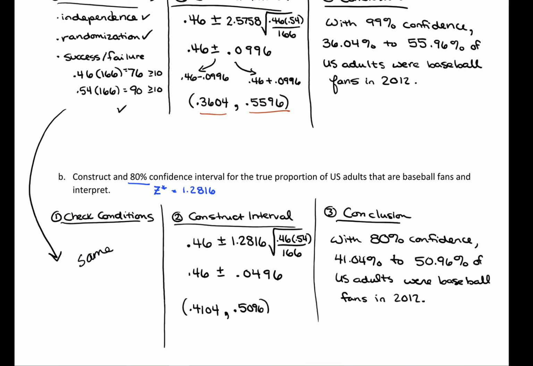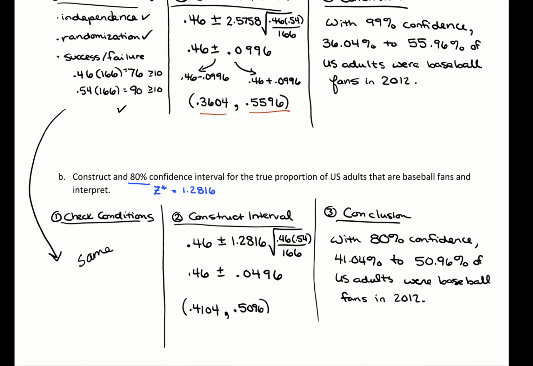So this example shows the steps you need to go through in making a confidence interval and the extra steps that are outside of just constructing the interval. You always need that sentence conclusion with them. But what I also want to show with this example is how the confidence level has an effect on our intervals. So let's compare the two intervals that we got.